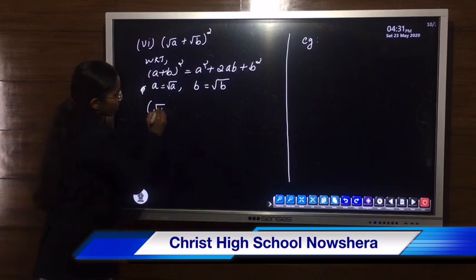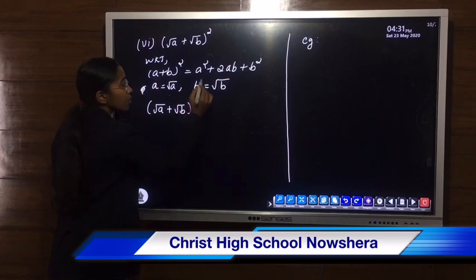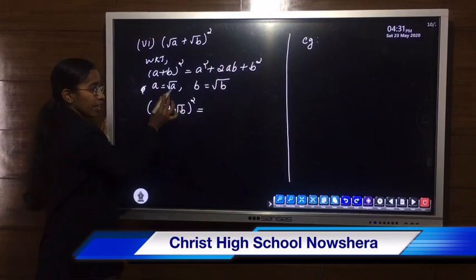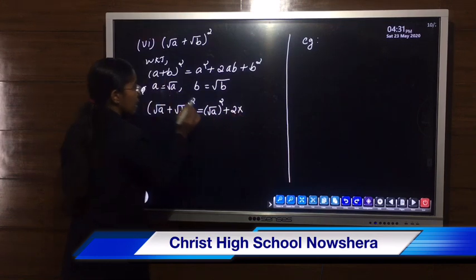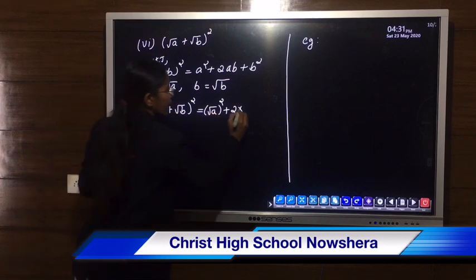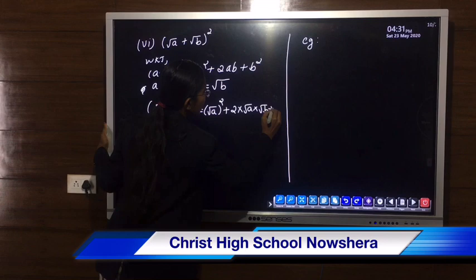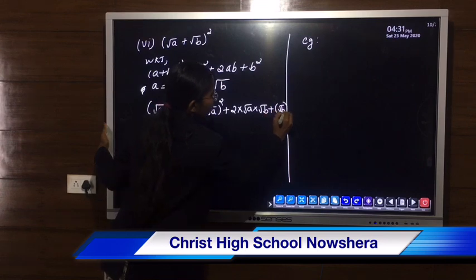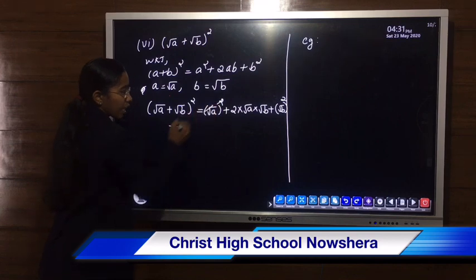That is root a plus root b whole square is equal to a square. Here our a is root a. That is root a square plus 2 into, what is a? Our a is root a, root a into root b, plus root b whole square. Root a square we can cancel this one.